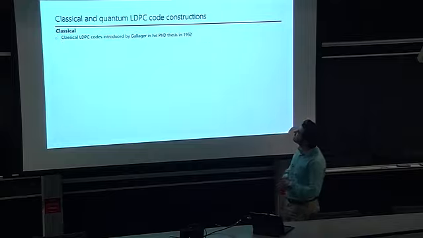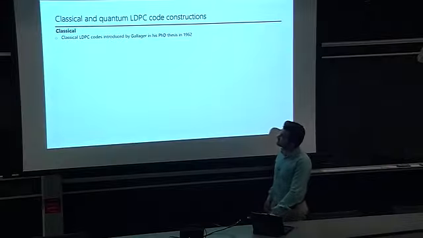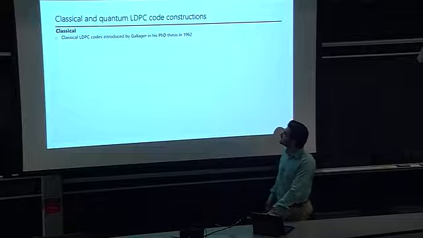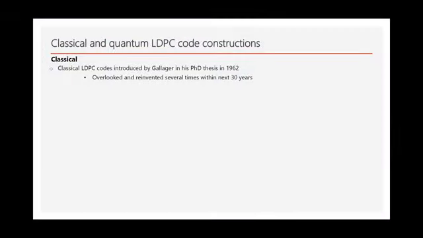Let me quickly go over a little bit of history on the topic. Classical LDPC codes were introduced by Gallager in his PhD thesis in 1962, and were overlooked for a long time. Something like 30 years later, people started getting back to working on it.